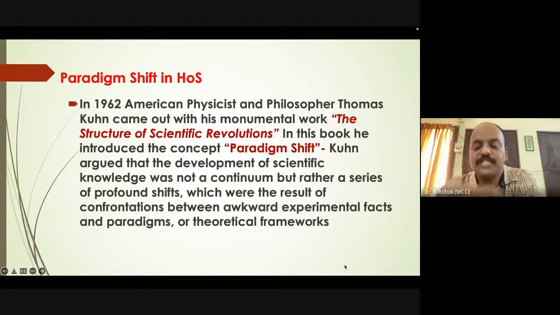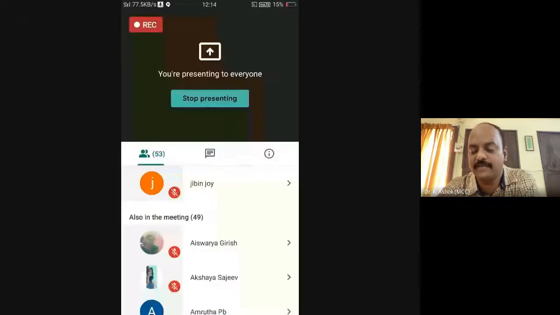So in this book, Thomas Kuhn argued the development of scientific knowledge was not continuous, but rather a series of profound shifts, which were the results of confrontation between awkward experimental facts and paradigms or theoretical frameworks. So I was just talking about the example of the geocentric theory and the heliocentric theory.